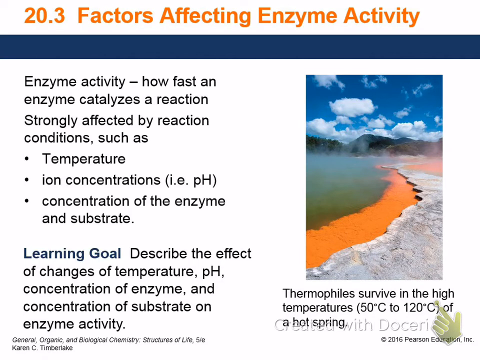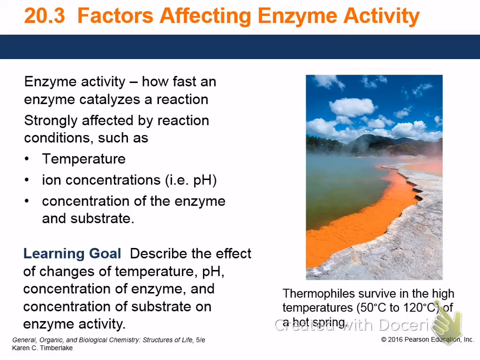So we talk about this thing called enzyme activity, and we kind of assume everybody knows what it means, okay? So I wrote a simple definition. Enzyme activity is how fast an enzyme catalyzes its reaction, okay? So activity is how fast the reaction goes with the enzyme.